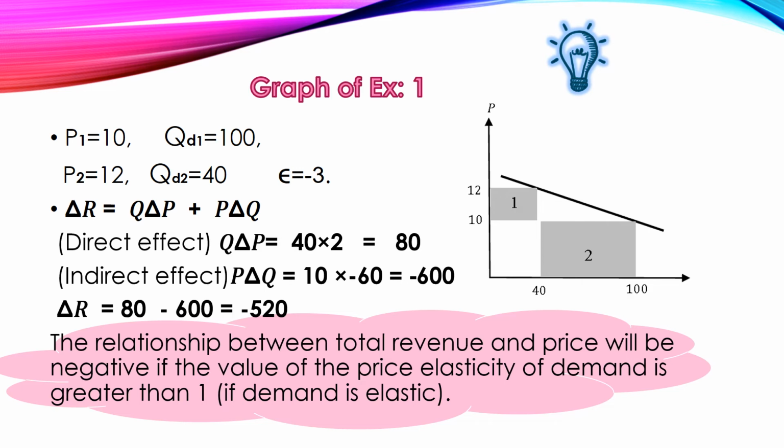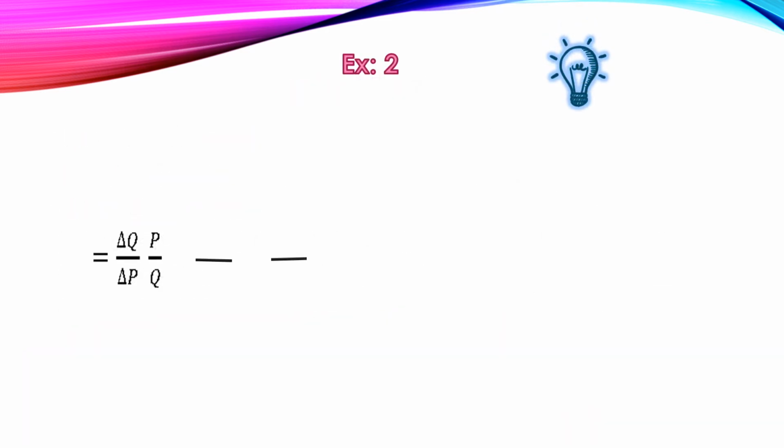Suppose price was 10, P equals 10. This is the original price. At this price, the quantity demanded was 100, QD equals 100. So the total revenue equals price multiplied by quantity demanded, 10 multiplied by 100, equals 1000.